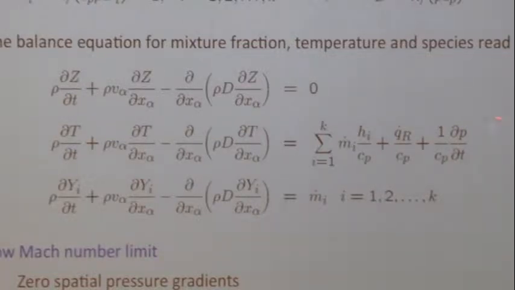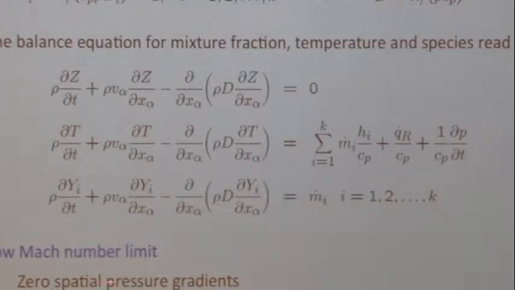The P here is just the background thermodynamic pressure, which means that's the pressure change you get, for example, in internal combustion engines. So that term is important for that. But for the purpose here of looking at these equations, forget about these terms, just look at these.